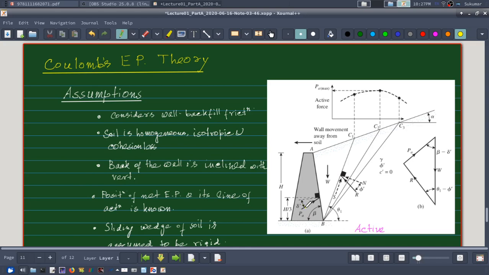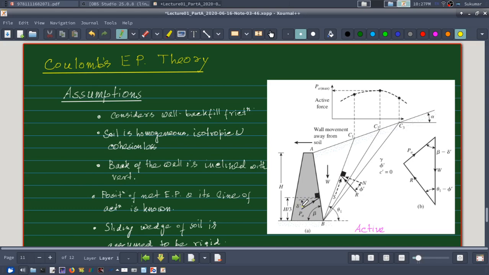This delta is the angle of friction between soil and wall. So the soil active force and the wall friction are at an angle delta, and therefore it acts at an angle of delta. Again it is below the normal, because this wedge is moving downward, so the frictional force must be moving upward, and therefore this resultant active force will be below this normal to the back of the wall.